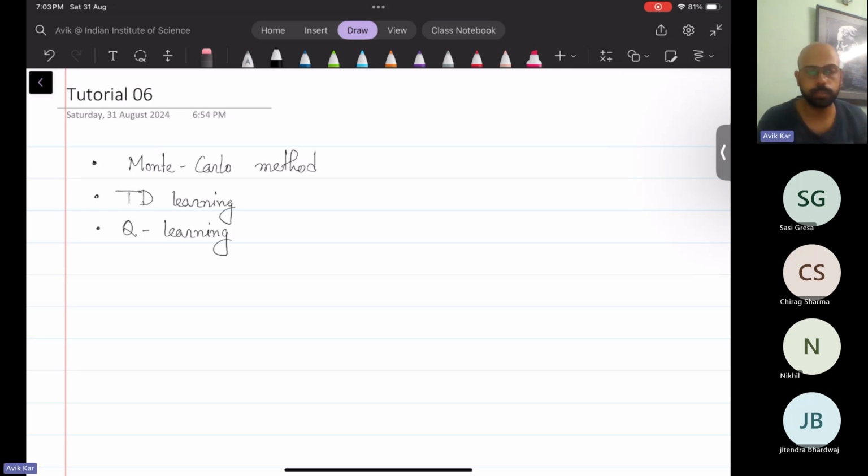These three things are three different things. The first two have the same objective. Q learning is a slightly separate thing. What these things are, what the differences and similarities are, and every conceptual detail behind these things will be discussed in this tutorial.